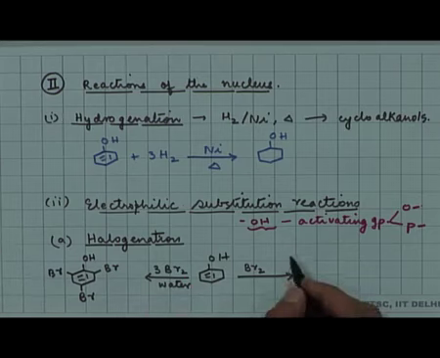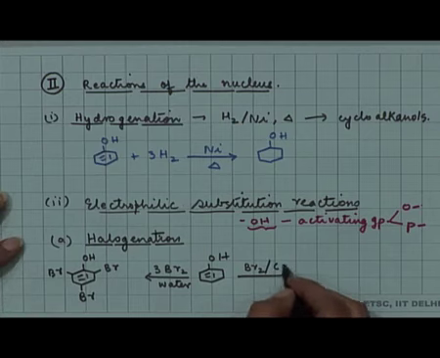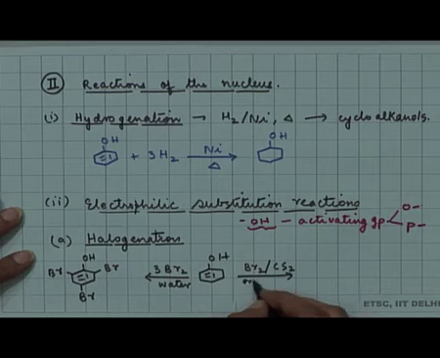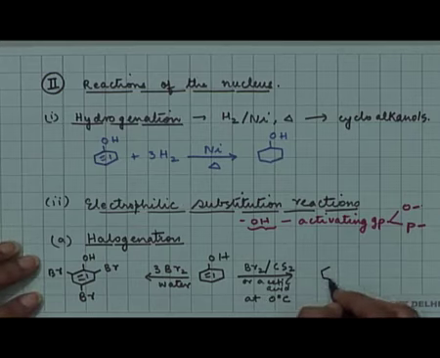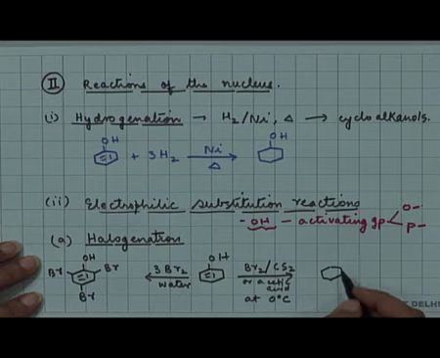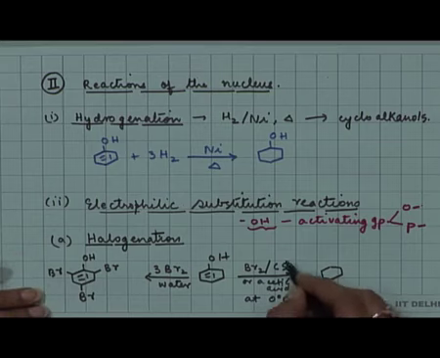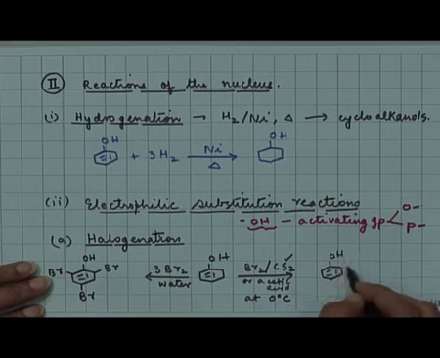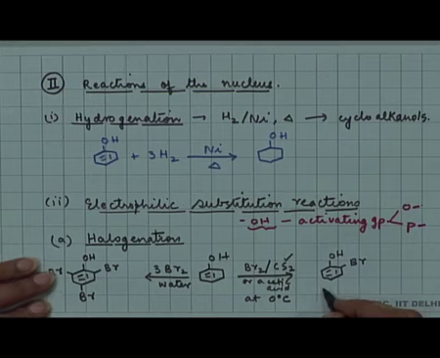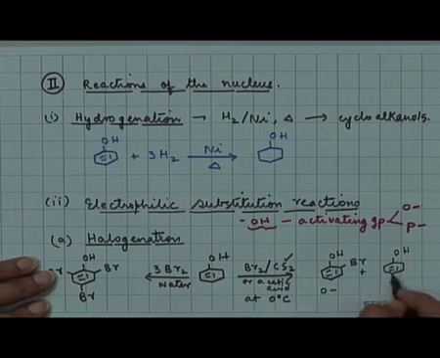If you treat this with bromine in a non-polar solvent like CS2 or acetic acid at low temperature, at 0 degrees centigrade, you are able to control the electrophilicity of bromine. So, the electrophilic reactivity of bromine is reduced when we carry this out in a non-polar solvent and at low temperature, and under such conditions we end up with a mixture of mono-substituted ortho and para products, with the para bromophenol being the major product.